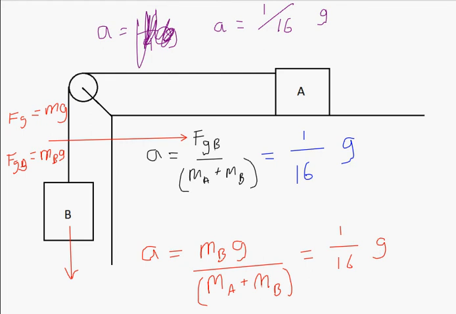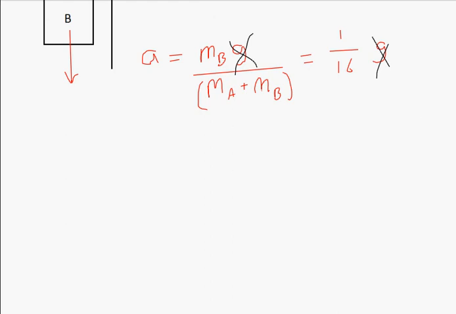Well, you should see something I can easily cancel out. These g's. This can cancel out, and this can cancel out. So now you're left with MB over MA plus MB equals 1/16th.